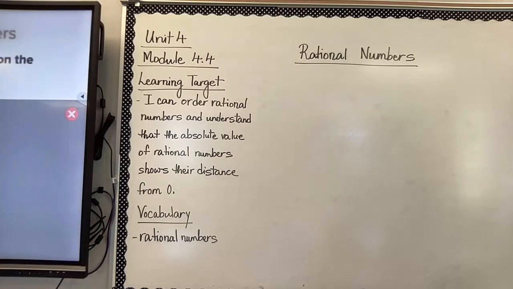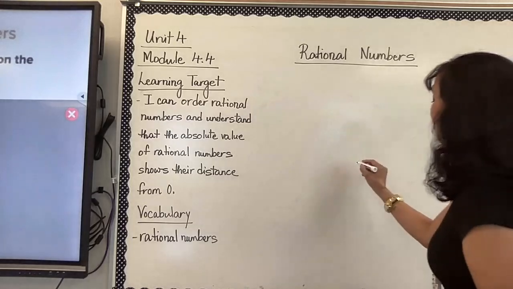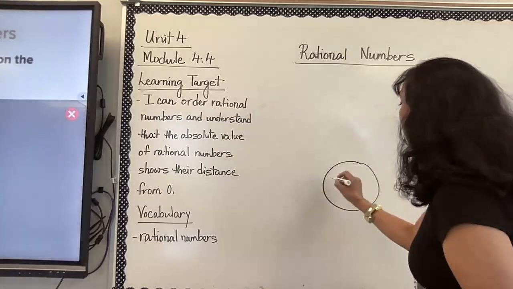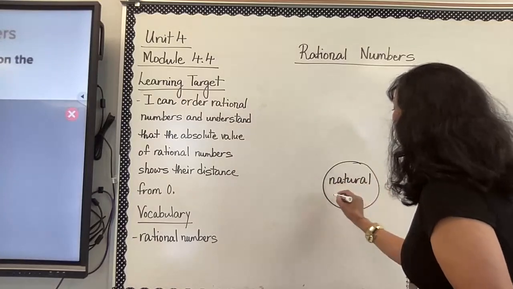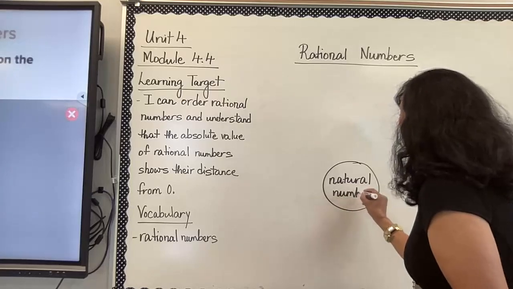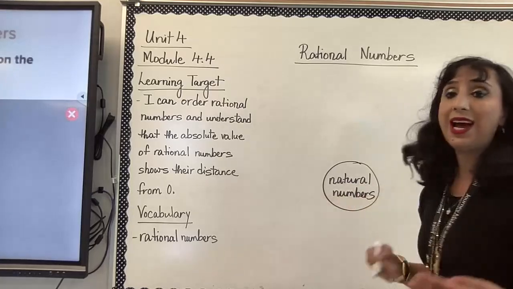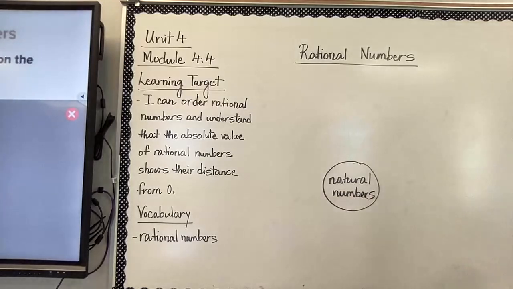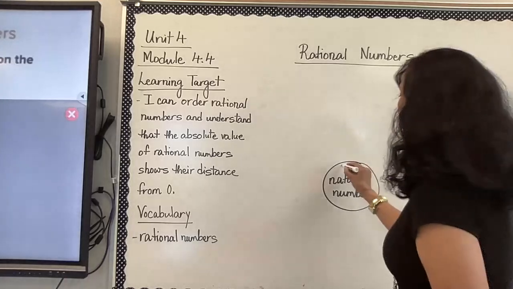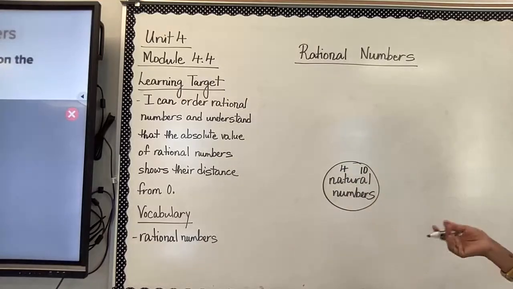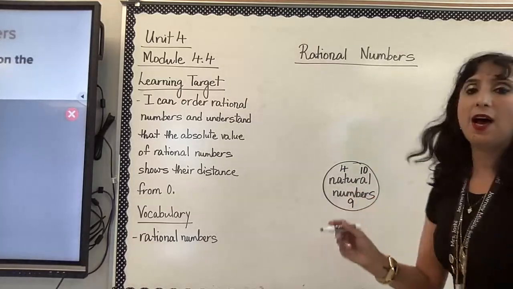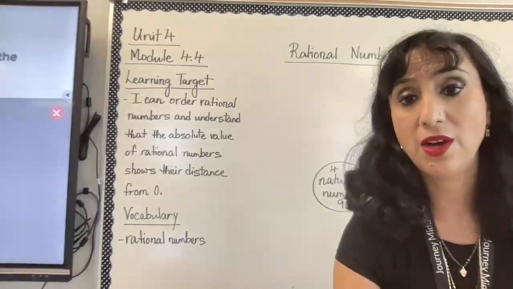Natural numbers are the counting numbers, like 1, 2, 3, 4. So for example, I can have 4, I can have 10, I can have 9. These are all natural numbers, all right?